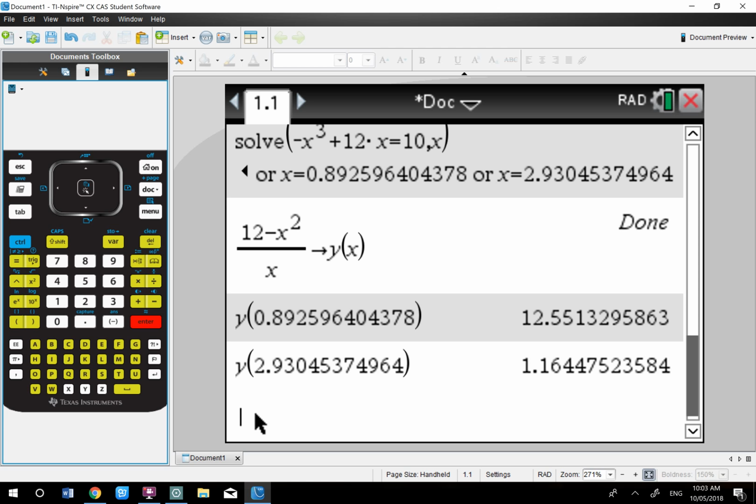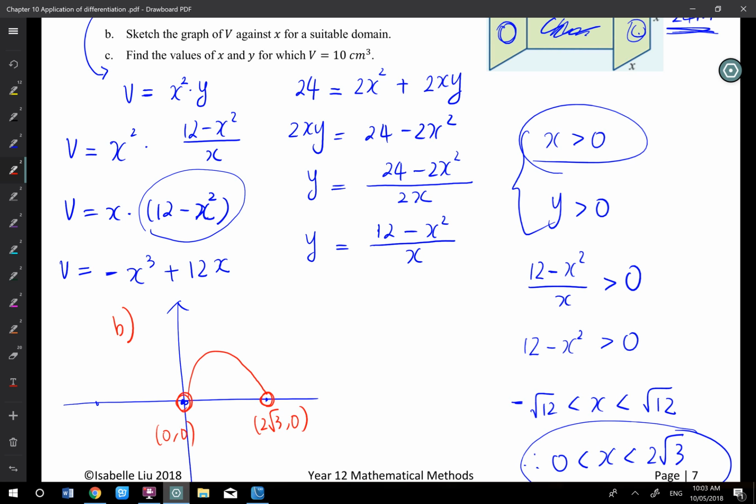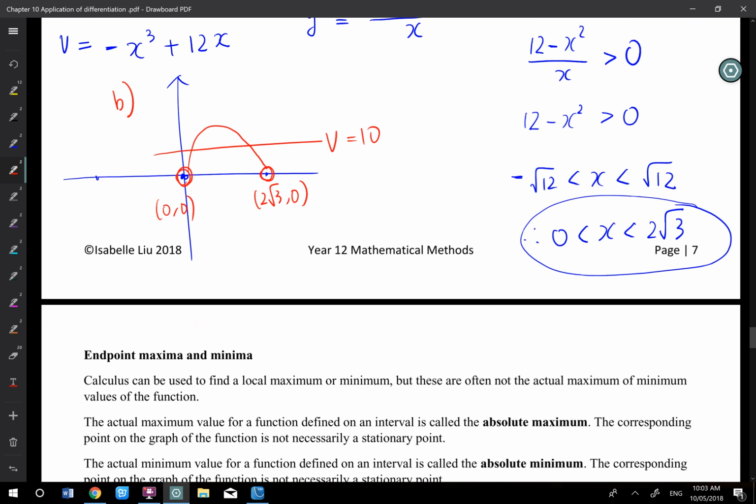And it does make sense why it should be like that. Because if we draw that line at 10, that's V equals 10, we will have two intersections. So that's why we solve out two coordinates, two pairs of xy's.